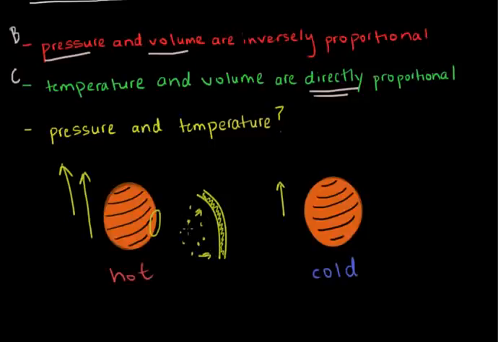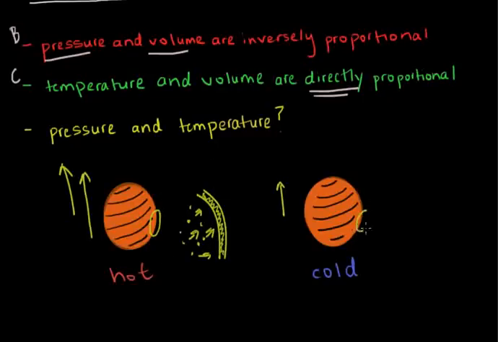Because that's all temperature is. It's the speed of gaseous particles. And if they're moving faster, they're going to collide with the wall of the basketball, both at a greater rate, so more times, but also with more strength. If they're moving faster, they're going to transmit more energy to the container, to the walls of the basketball.